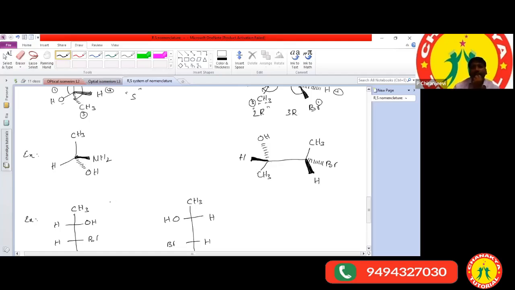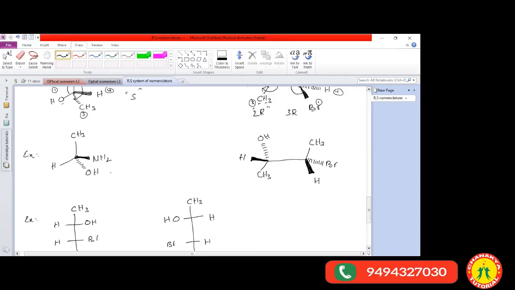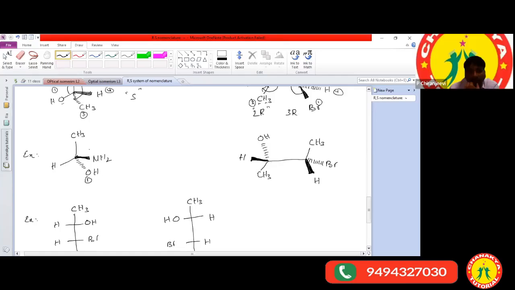Sirisha, Sri Veda. Anjan, you're trying to give the answer. Please answer. Sir, first priority is OH, second NH2, CH3, then H. It's 1, going 2, 3, 4.